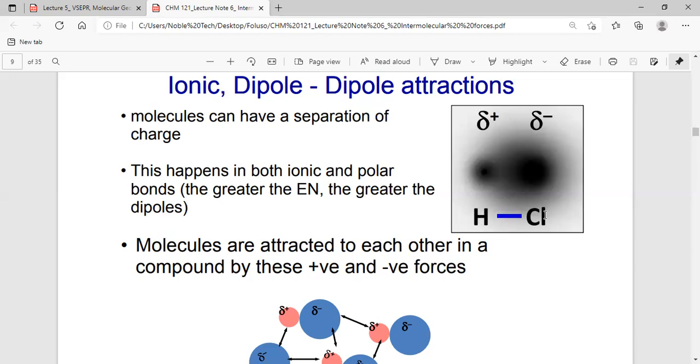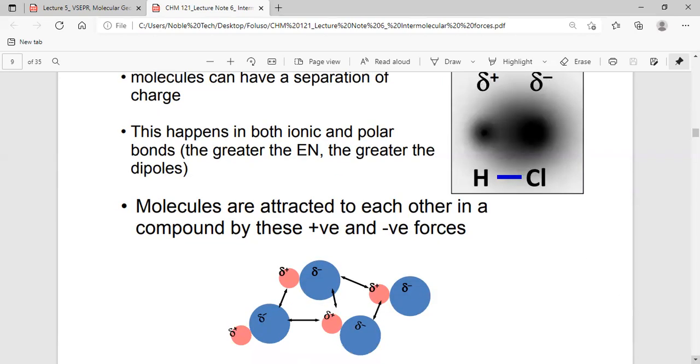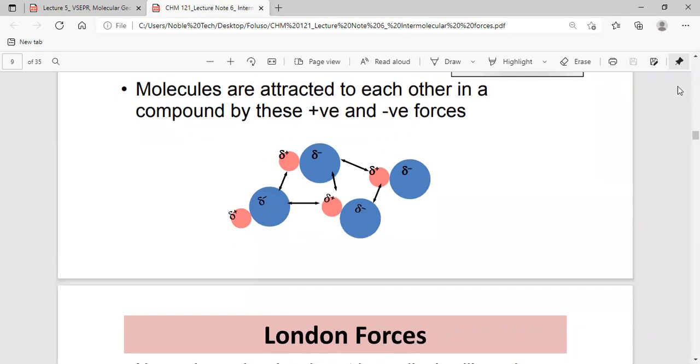So chlorine will polarize the bond to give us a dipole-dipole situation. Now, this happens in both ionic and polar bonds, because hydrogen chloride can even dissociate into what we call ionic compounds.